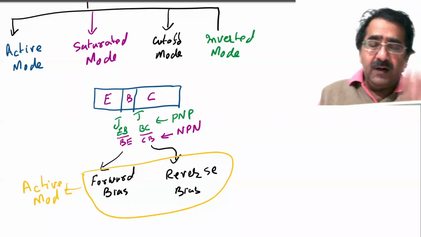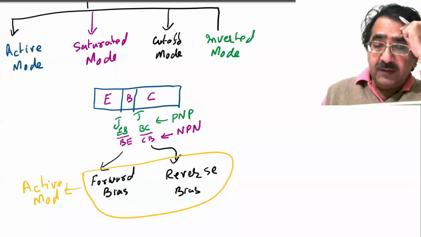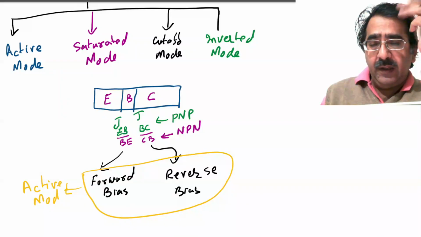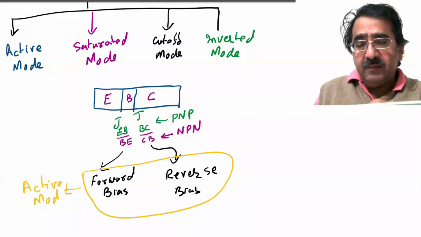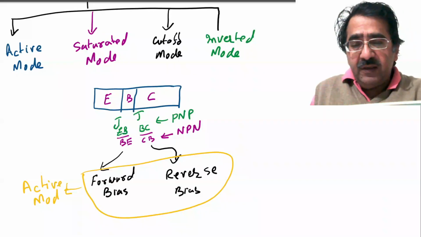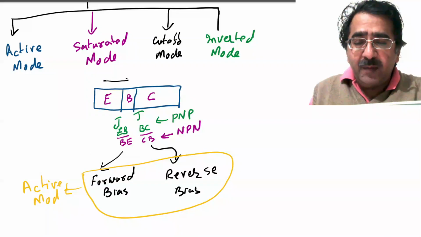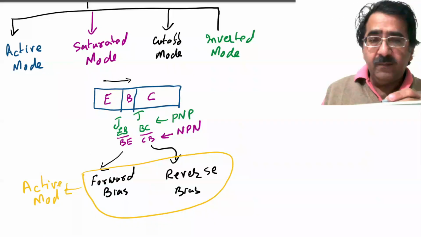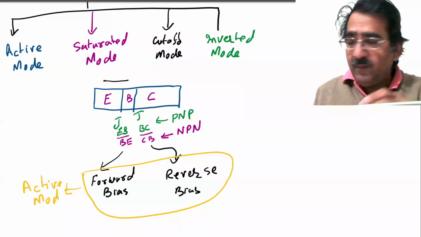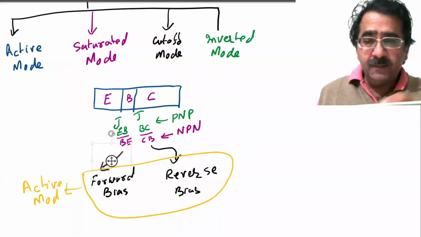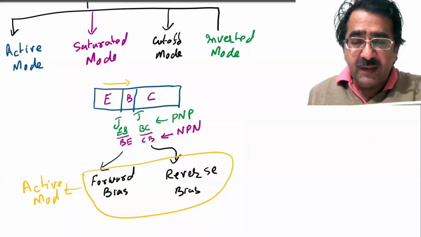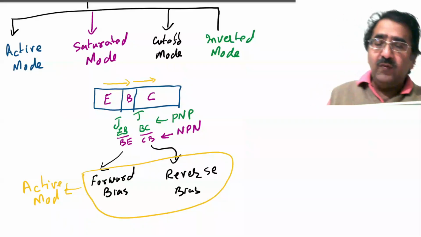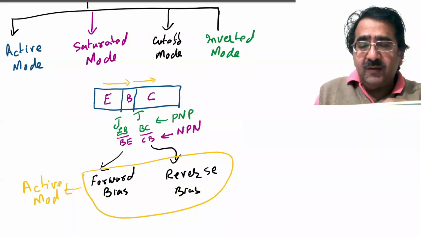Why is this called active mode? Because in this mode, the transistor will be in an active condition, meaning the transistor will be working. The current will move from emitter to base, and then due to the reverse bias, from base to collector.